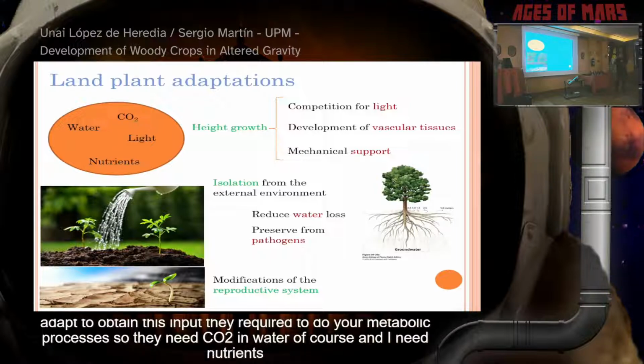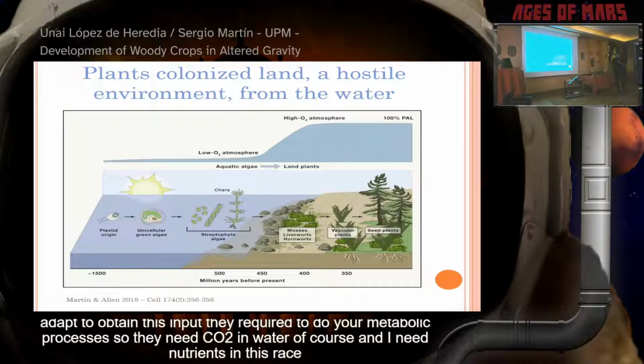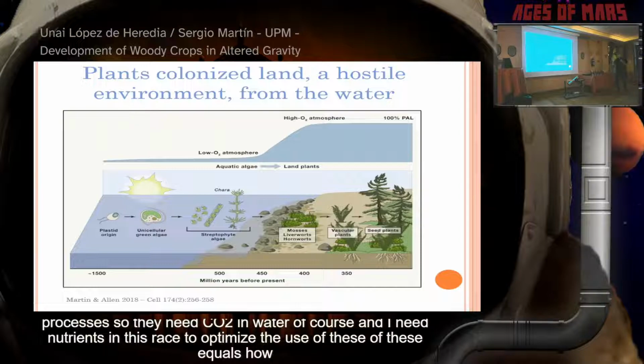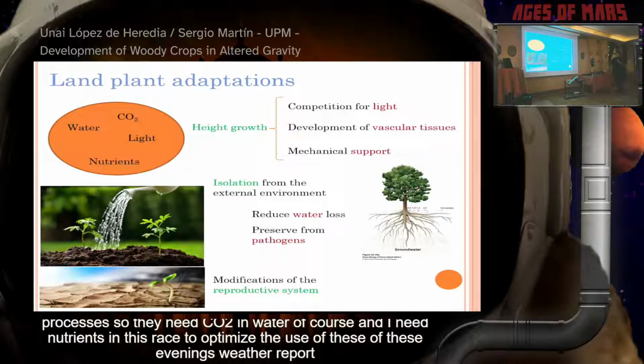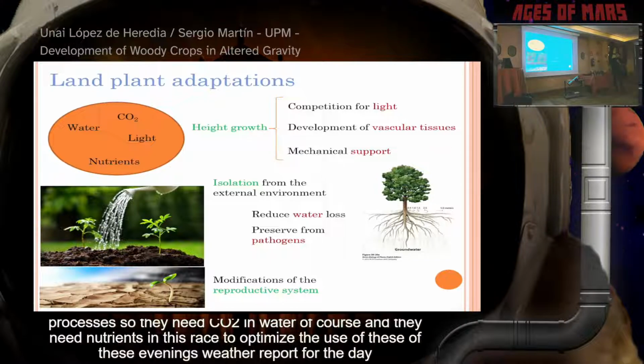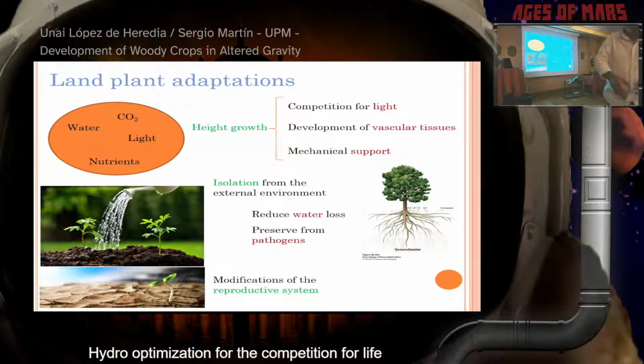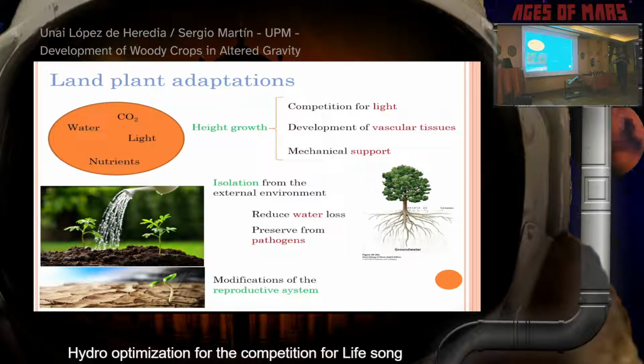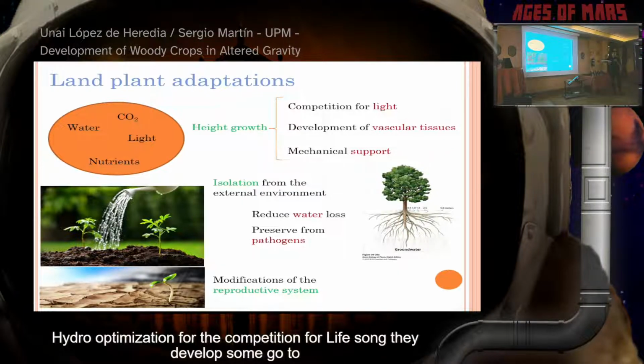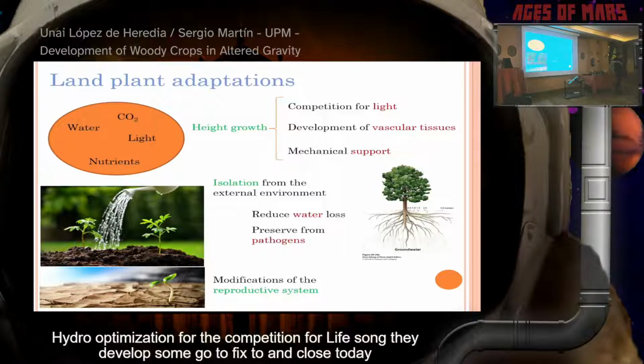So in this race to optimize the use of these inputs they require for the metabolic processes, they adapted, incorporating several adaptations like height growth and optimization for the competition for light. They developed some organs, they developed roots to anchor to the substrate, to the soil.